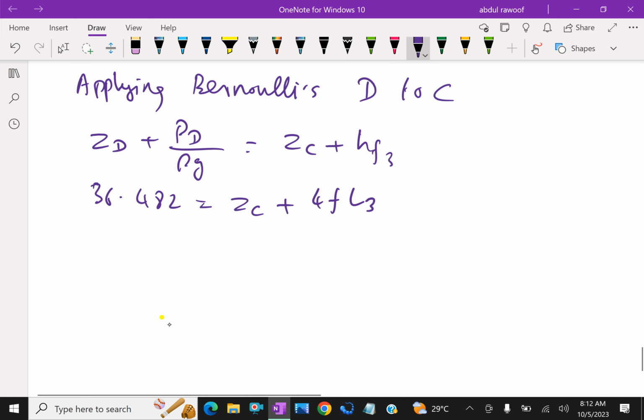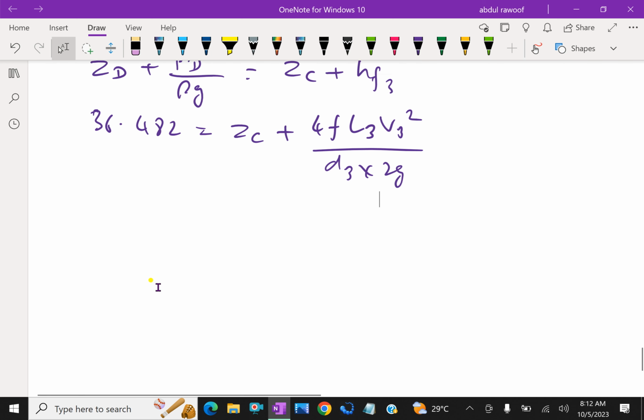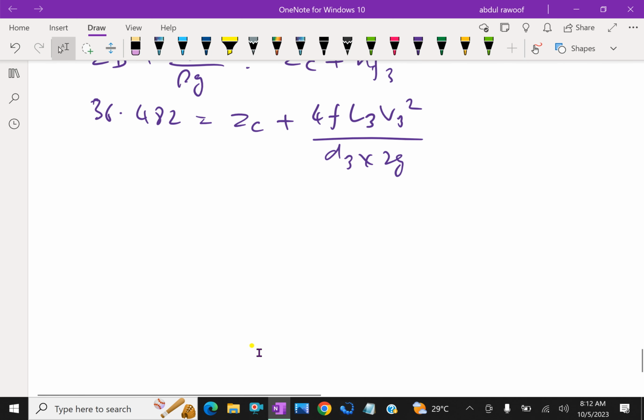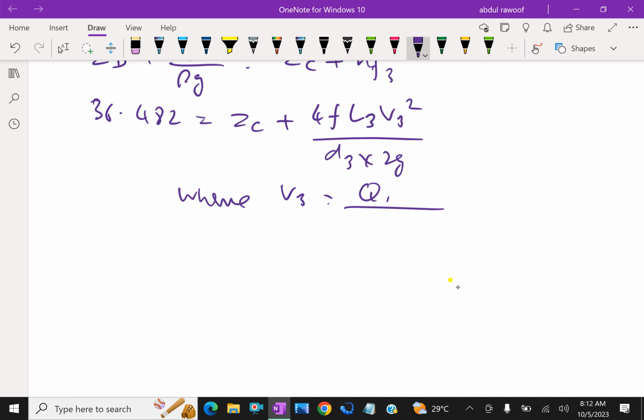HF3 is 4 f L3 V3 squared over D3 2g. Here V3, the velocity in pipe 3, is Q3 over pi by 4 D3 squared.